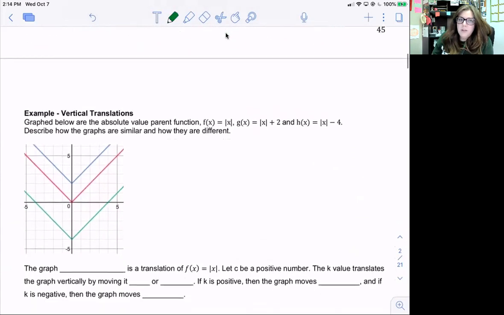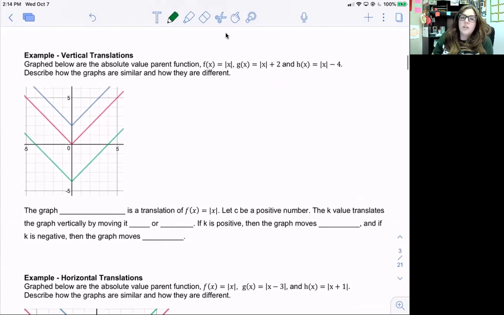All right, so now we are going to look at our translations. The first one we're going to look at is vertical translations. Here we have a picture of 3 different graphs. We have our parent function, f of x equals the absolute value of x, that we just graphed. We know that graph goes through the origin, so that's this red middle line. Now let's figure out which one is g of x and which one is h of x. g of x equals the absolute value of x plus 2.